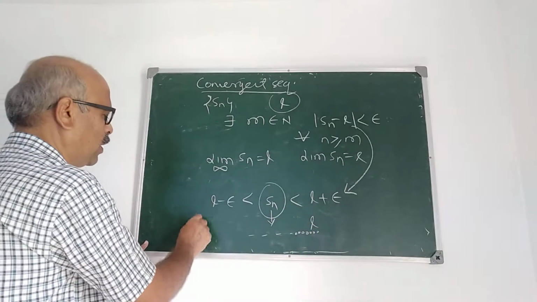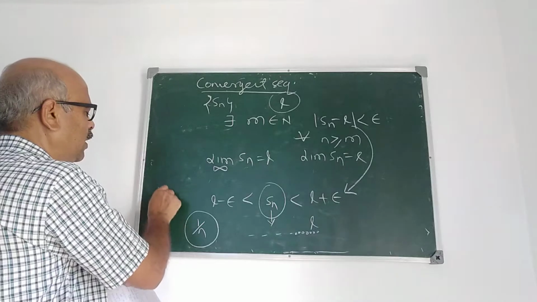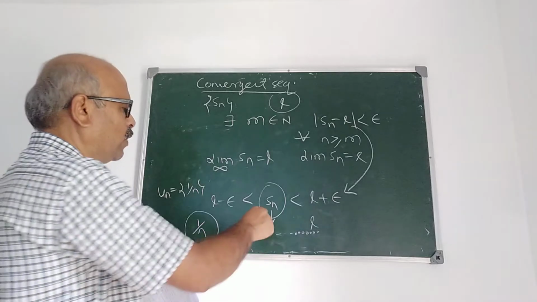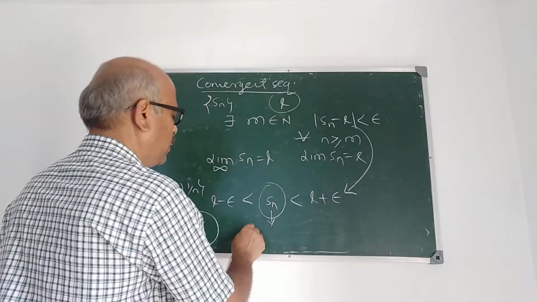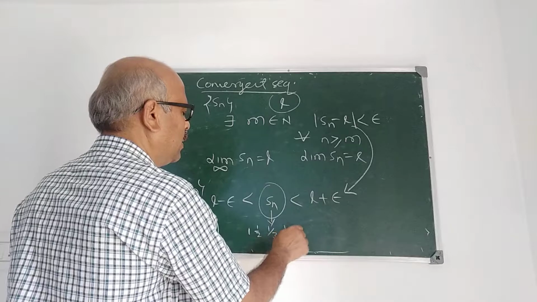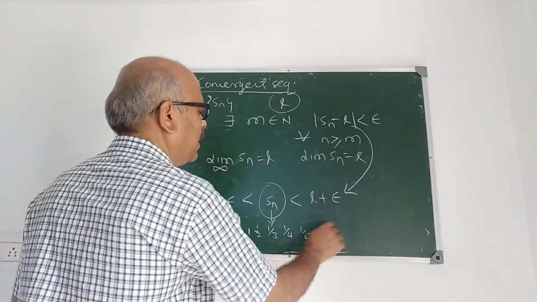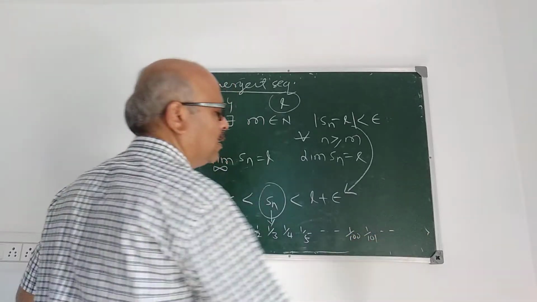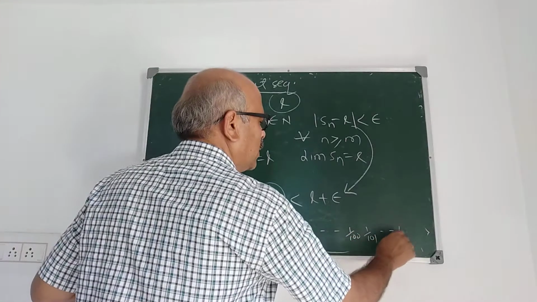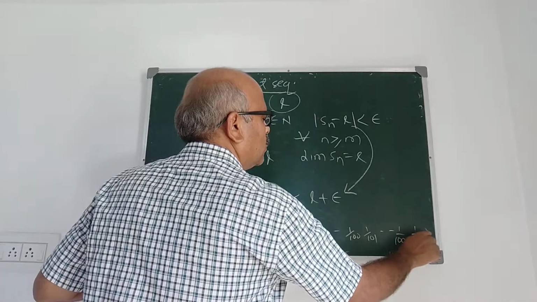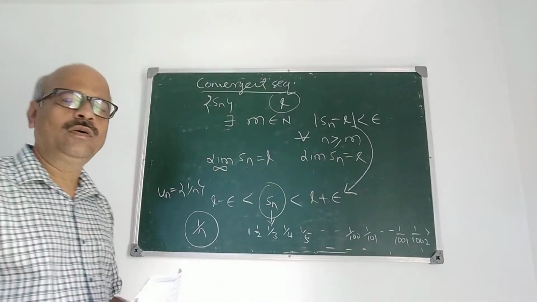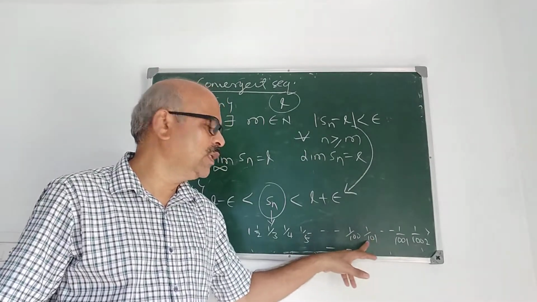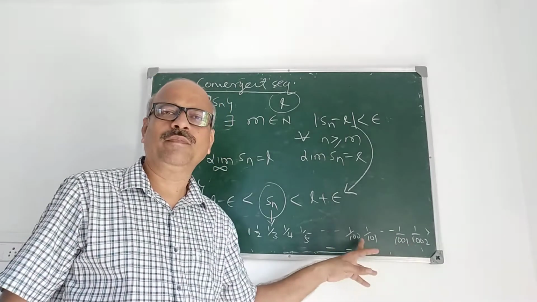I give this example, 1 upon n. This sequence Sn is 1 upon n. This sequence converges because what are the terms of the sequence here? 1, 1 by 2, 1 by 3, 1 by 4, 1 by 5, and so on. Now here 1 by 100, 1 by 101, and so on. Next 1 by 1001, 1 by 1002, and so on. Now as n increases, these terms of the sequence become closer.